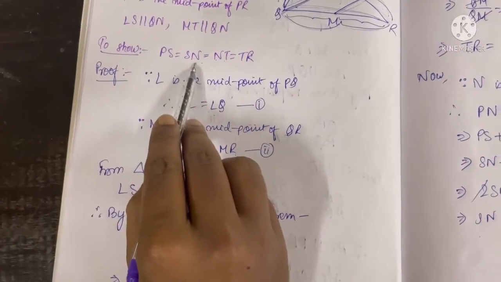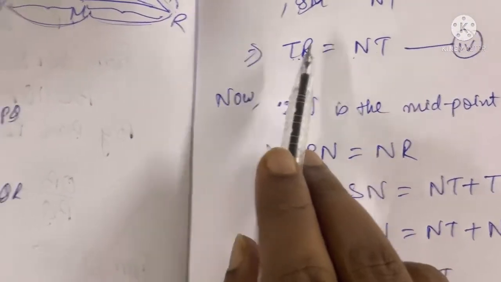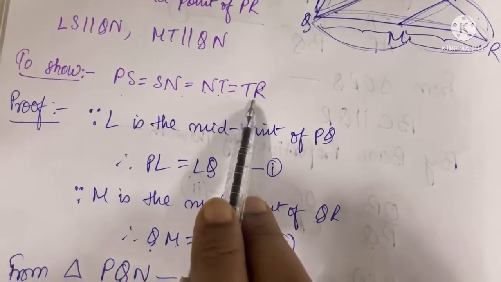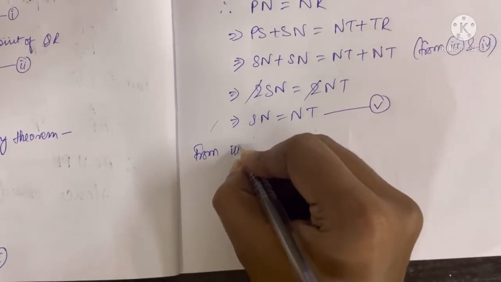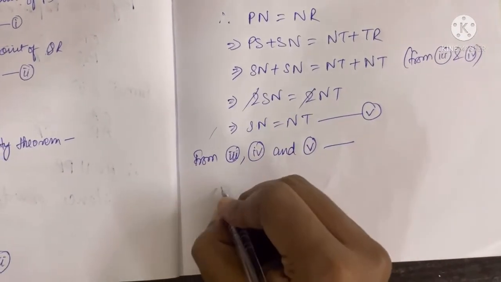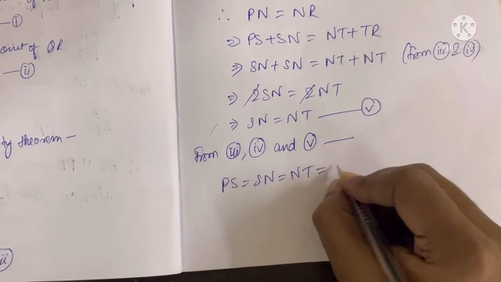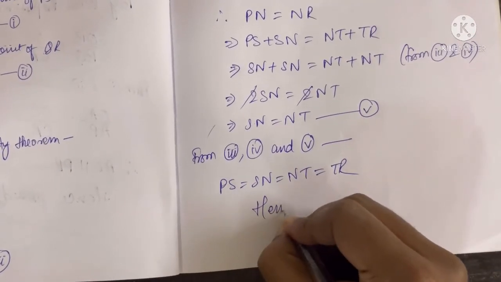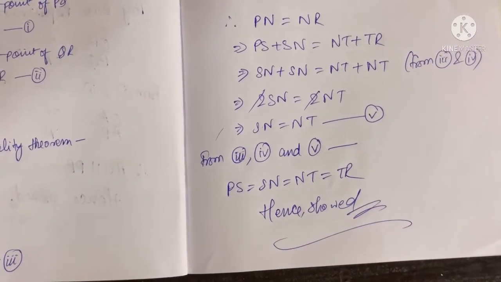From all the 3 equations, number 3, number 4 and number 5, we have PS equal to SN equal to NT equal to TR. Hence we have shown the required proof.